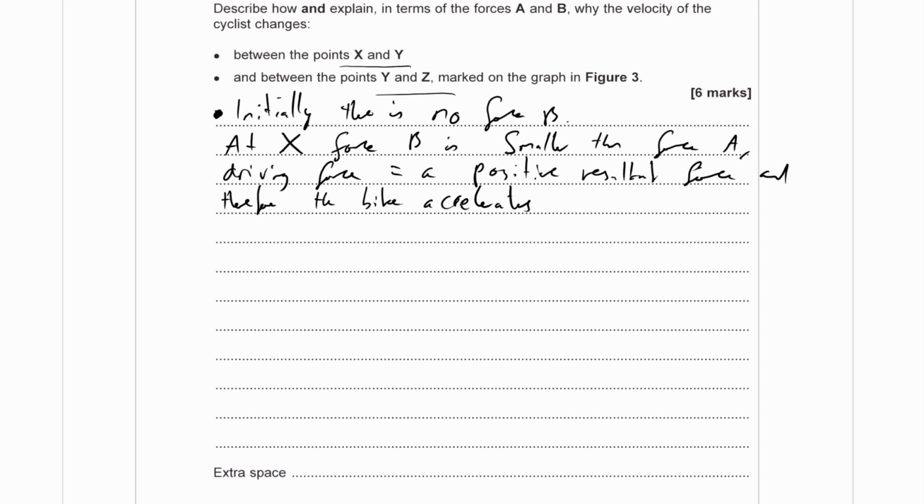Sorry, that was a bit of a mouthful. What I'm saying is that because the driving force is greater than the force of resistance, we have a positive acceleration, so the velocity is increasing.